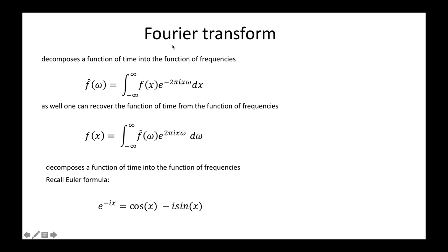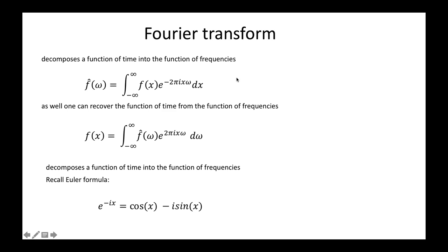Before going to discrete Fourier transform, let's talk about Fourier transform. Fourier transform decomposes a function of time into a function of frequencies. We plug our f of x, the function of time, into this formula, and we get f hat of omega, the function of frequencies.